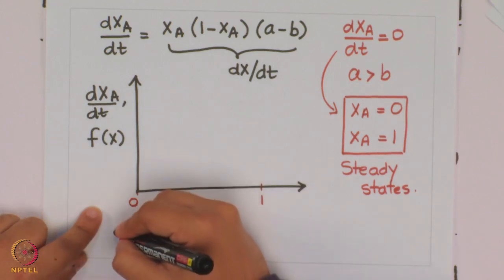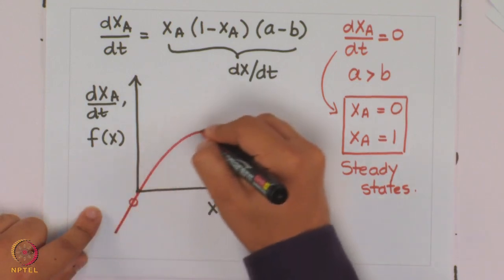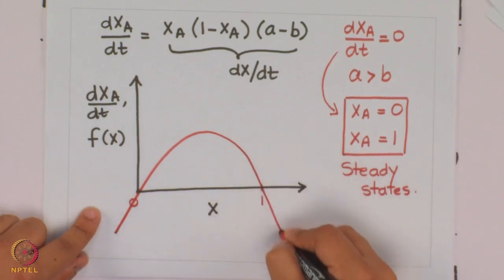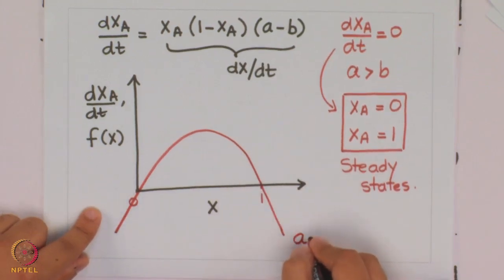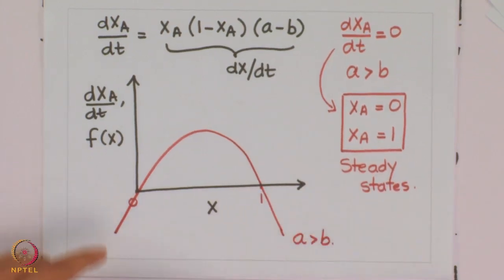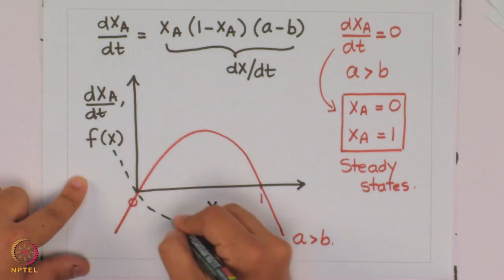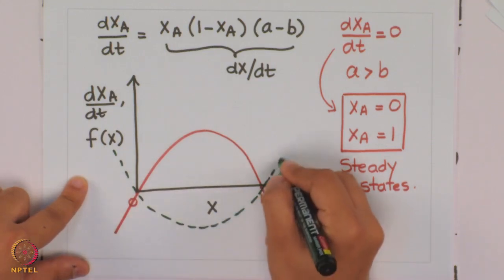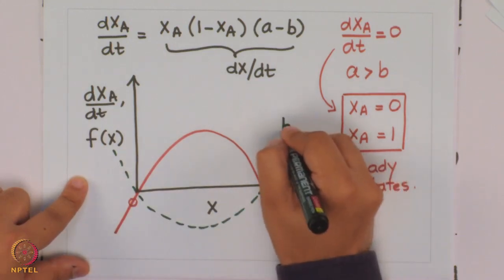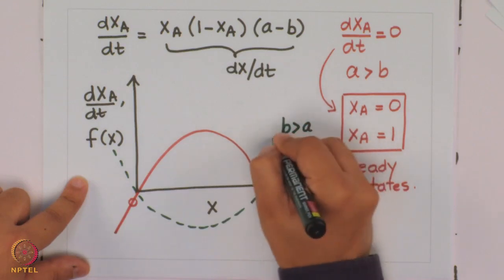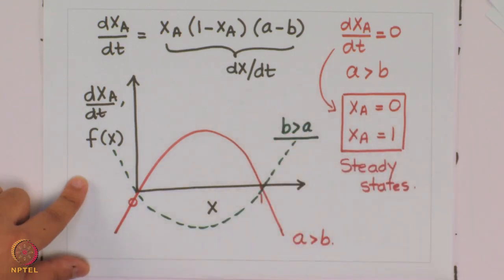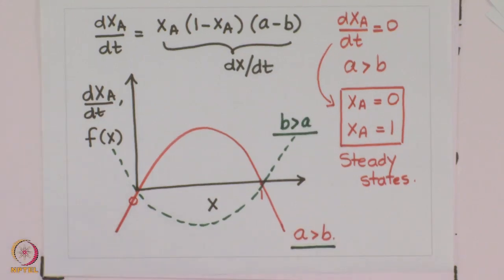If A is bigger than B, the plot looks something like this. This is for A bigger than B, and if B is bigger than A, the plot changes its nature and it looks like this. So, the green curve is for when B is bigger than A, and the red curve is for the case where A is bigger than B.